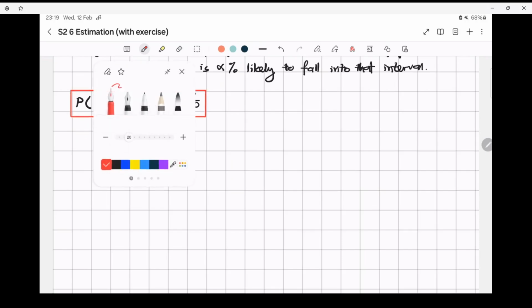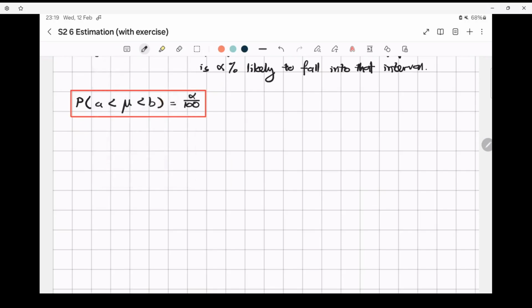Okay, so let us begin. So for sample mean, later on you will realize that it doesn't really matter whether or not this is sample mean or not. But right now, what we are doing is you look at sample mean, and you assume.